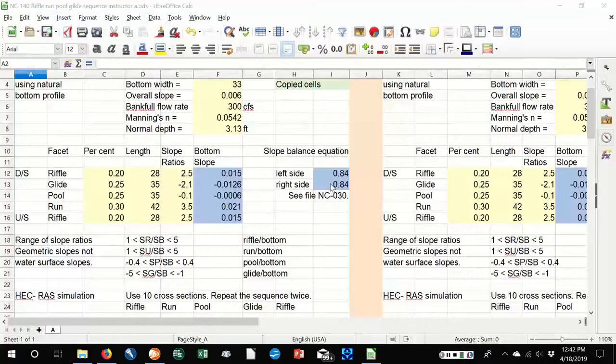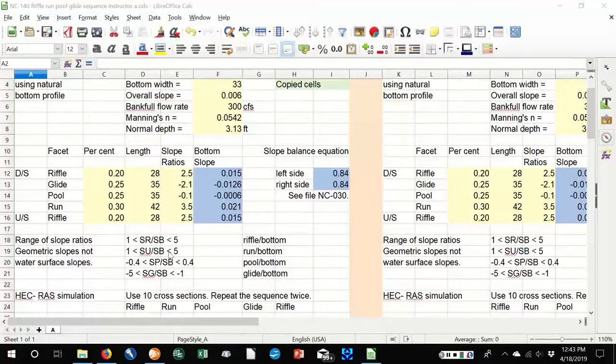So it actually balances. Now the slope ratios can be selected based on realistic assumptions about the steepness of the facets related to the steepness of the overall slope, I should say. So you see here the slope of the riffle could be anywhere from 1 to 5 times the overall average slope.